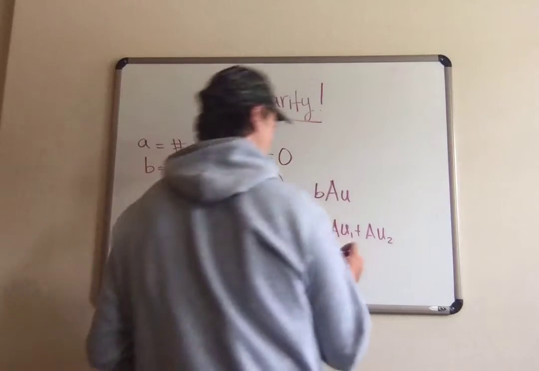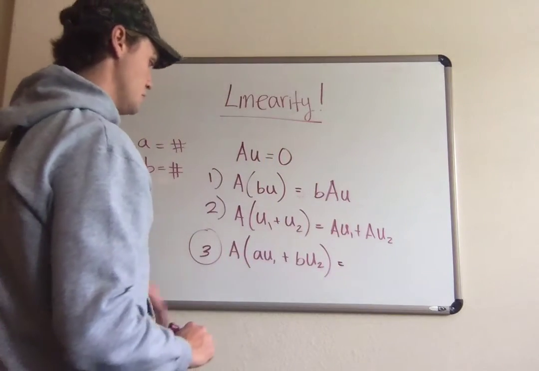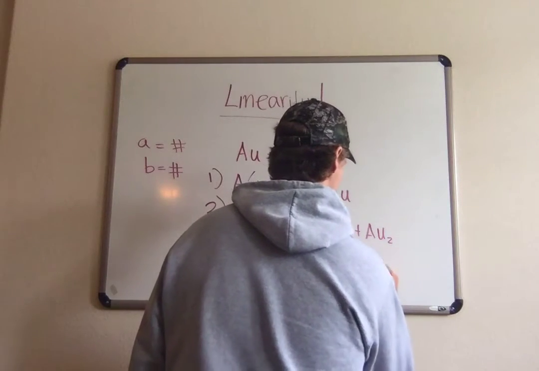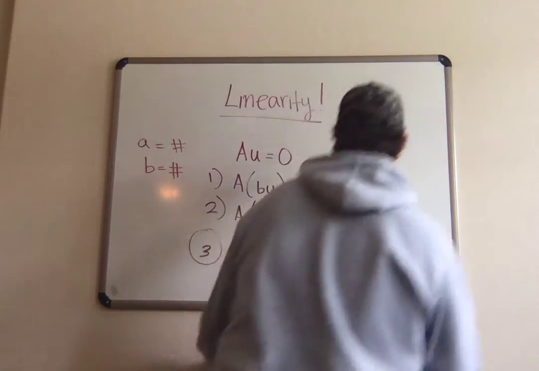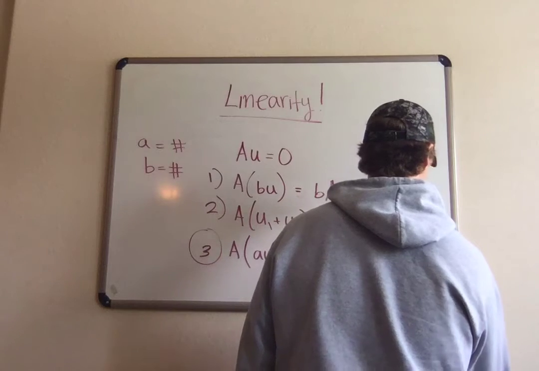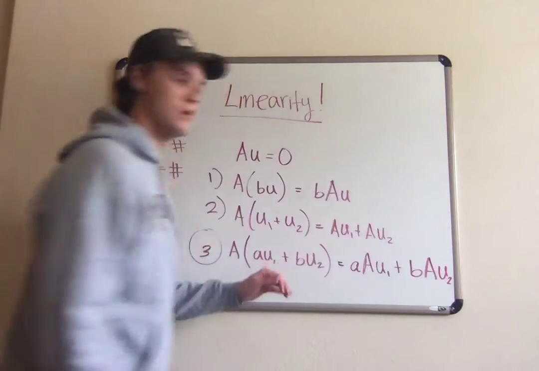So A acting on that will be little a times A acting on u1, and then b times A acting on u2. Okay? You can see that?